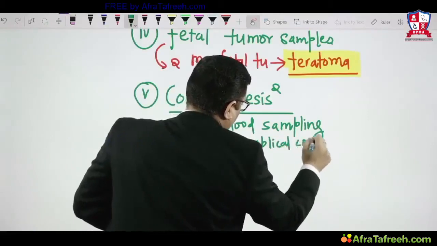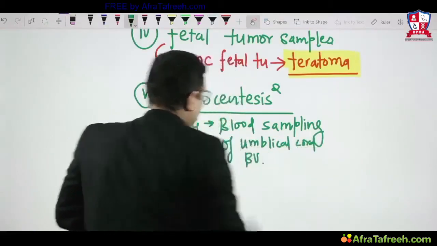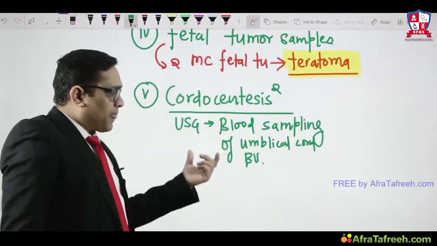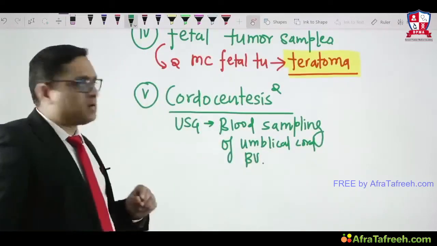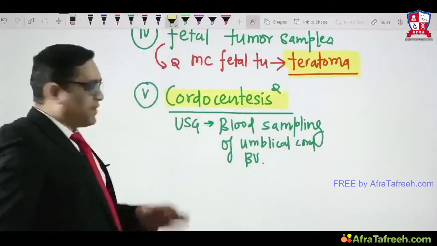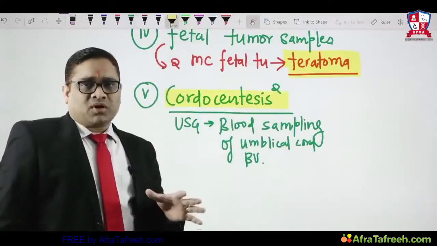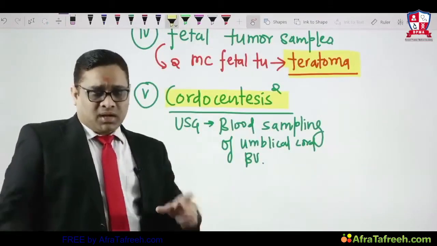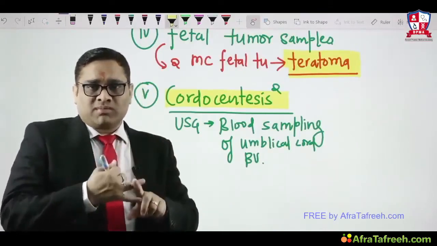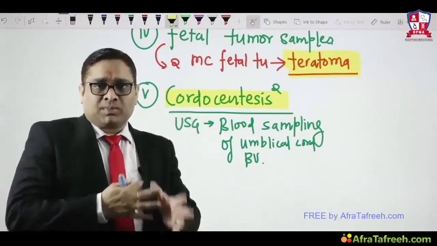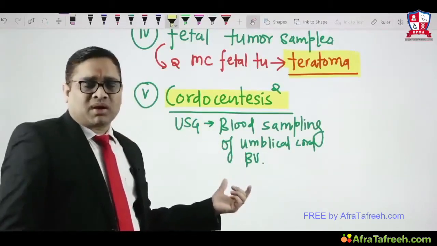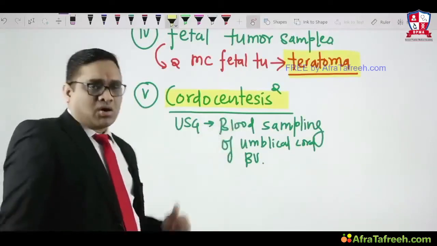And this chordocentesis was an All India question also. So these are the 5 important samples we are using for karyotypic analysis. Always remember: shedding of the epithelium into amnion, chorionic villi biopsy, fetal tumor sample, peripheral blood lymphocytes, and USG guided sampling of the umbilical cord blood vessel, which is called chordocentesis.